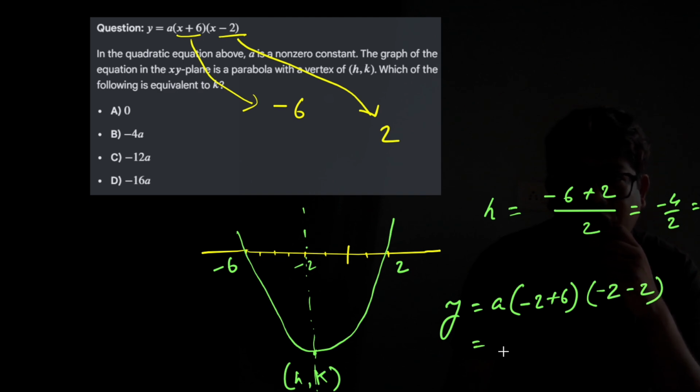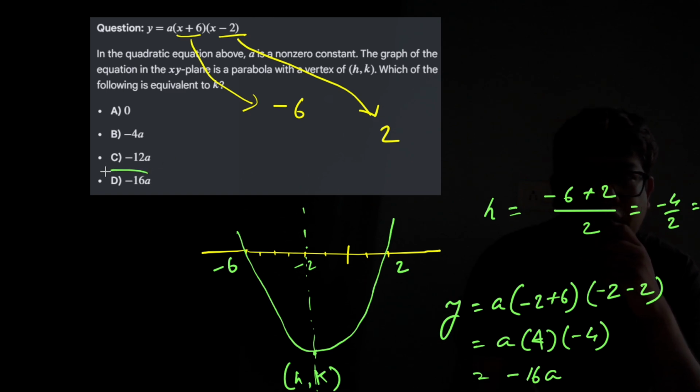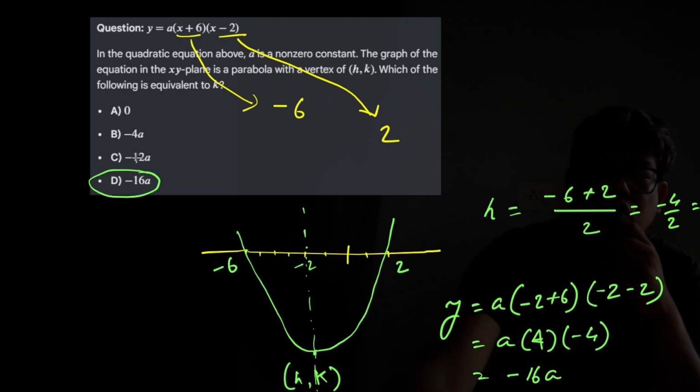So that will give us a, here it will be 4 multiplied by negative 4. So it will be negative of 16a. So the value of k will be negative of 16a. So D will be the answer. Let's move on to the next problem.